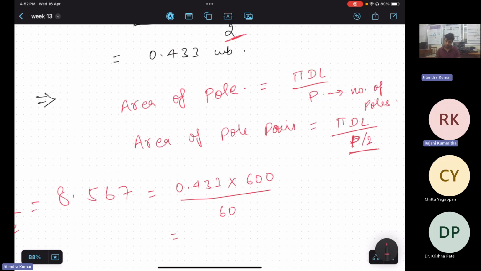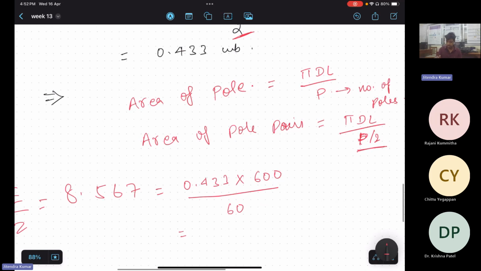What 4.33? Achha, I got it now. Why is the answer like that? Because E by Z is given, this we have calculated. That is why we are getting it like this.